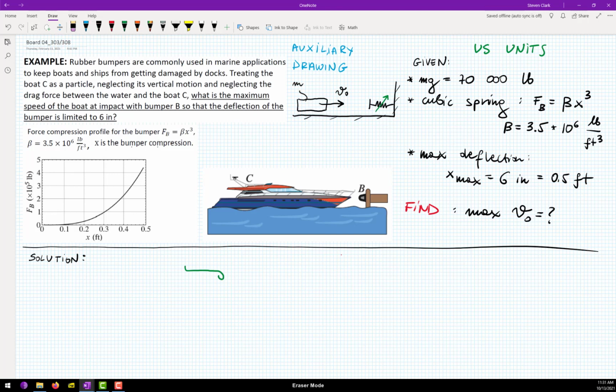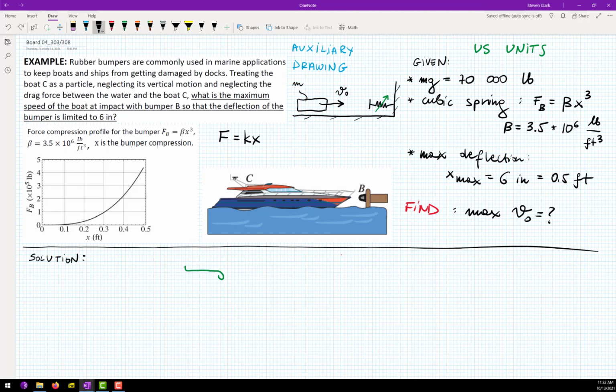So you're used to linear springs that behave in that way: F equals kx. This is a linear expression. In here we have F_b equals beta x cubed. So what do we have in here? We have our boat that is modeled as a particle.